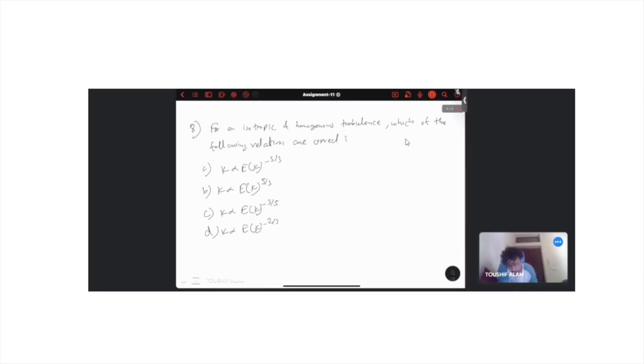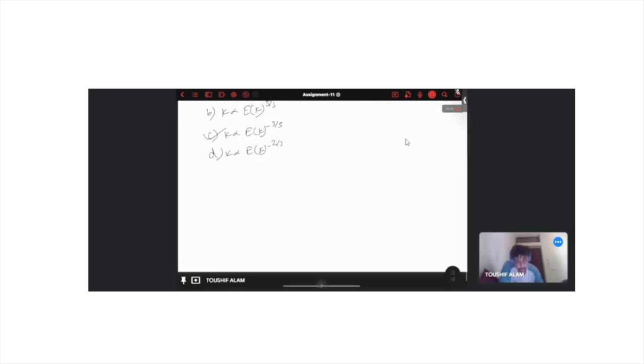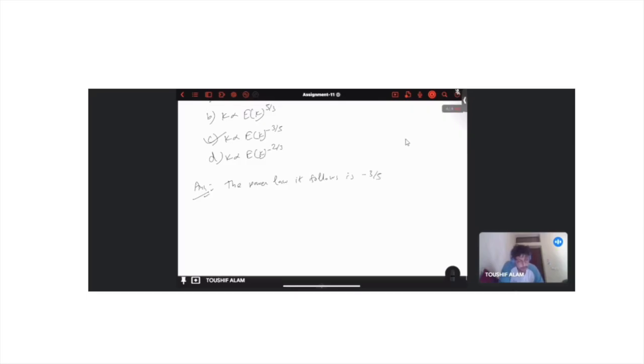If you have followed the lecture note, you will know that for an isotropic and homogeneous turbulence, the relation that it holds is the power law, and the power is minus 3 by 5.